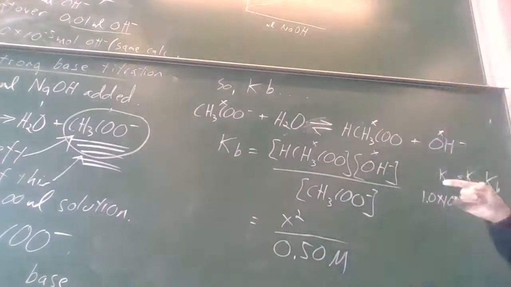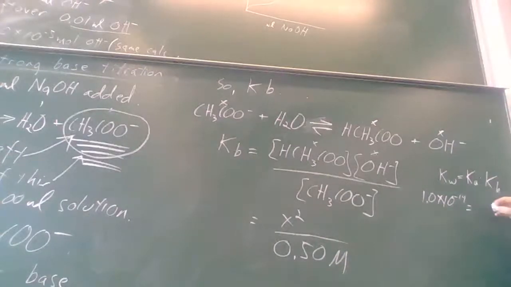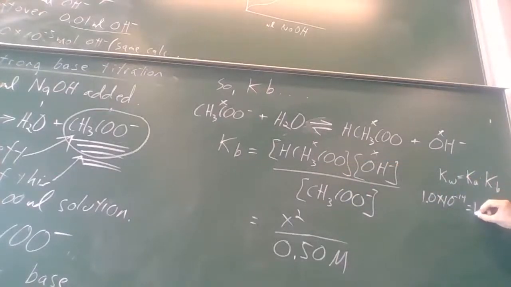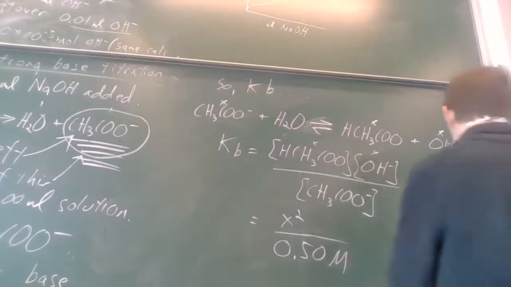What good is that? Oh, the good is we got the Ka in the previous problem, right? It's the same stuff. The Ka for this thing, the acid, was 1.8 times 10 to the negative fifth. And folks, that's times the Kb. So could you maybe find the Kb here for me?